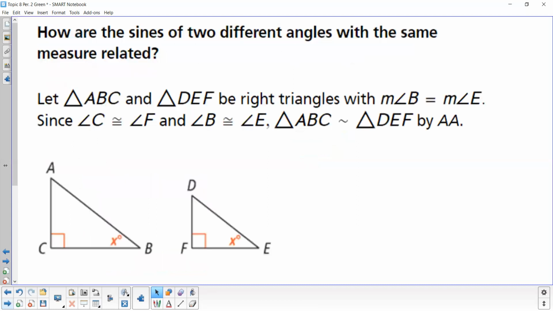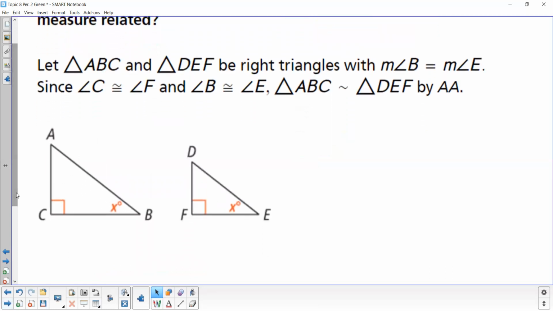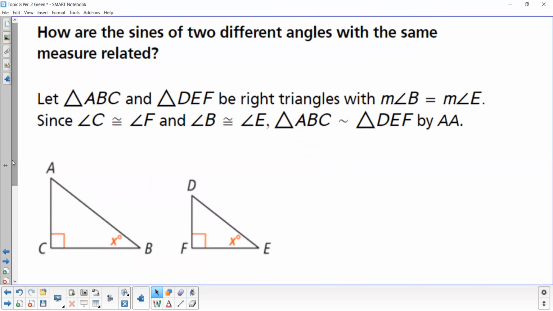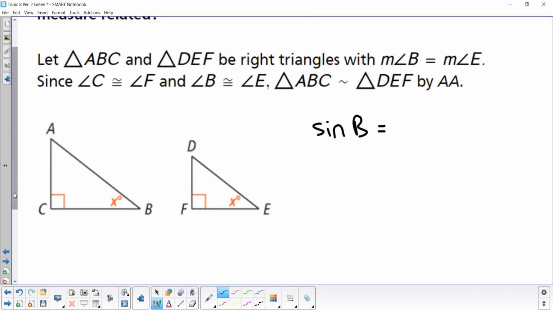So, here we go. Check it out. We're going to look at the sine of angle B. If you're at angle B, what's the opposite side? AC.